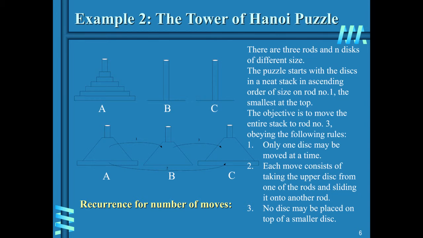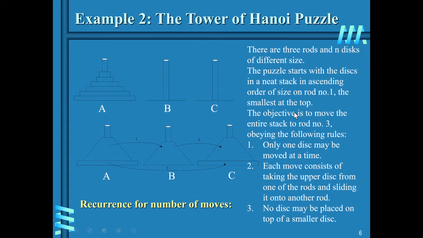There's another very popular example, the Tower of Hanoi puzzle problem. There are 3 poles and n disks of different sizes. The puzzle starts with the disks in a neat stack in ascending order of size on pole number 1, the smallest one at the top.